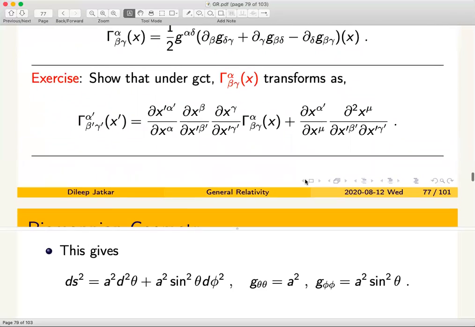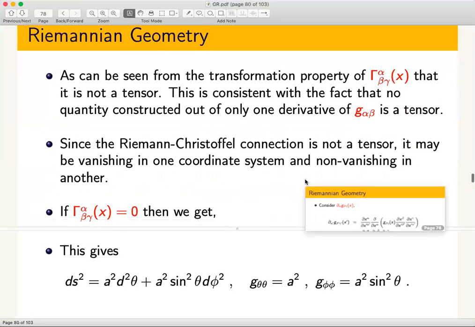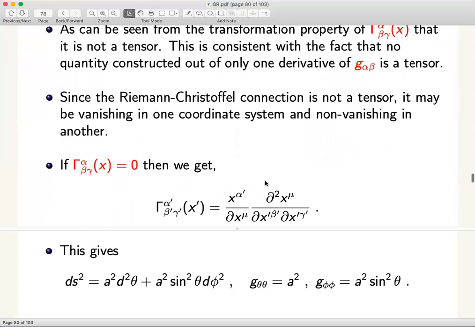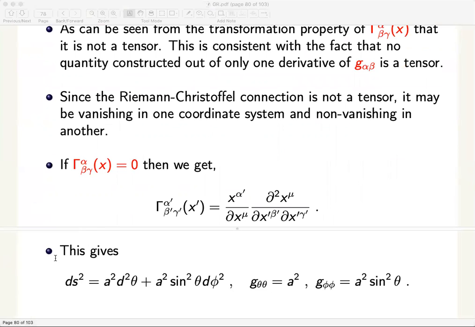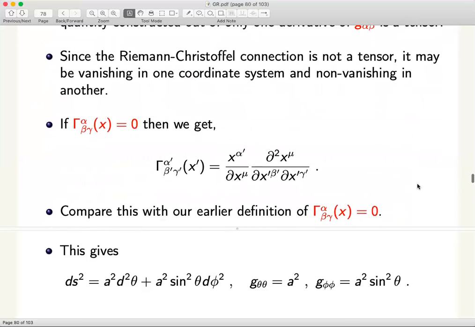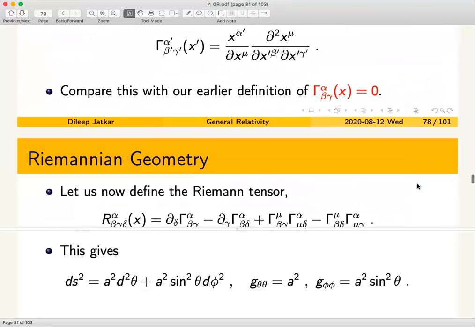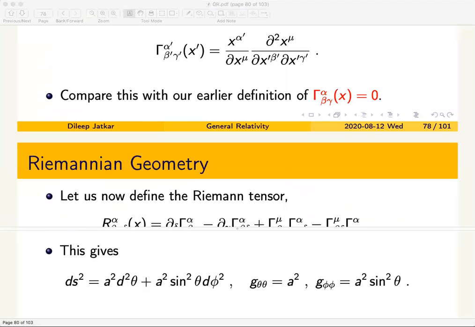So you could ask the question: can I modify the derivative such that a new derivative acting on a tensor will return a tensor again? That tensor may be of a different rank, but nevertheless, you should be able to at least get a tensor under the transformation.